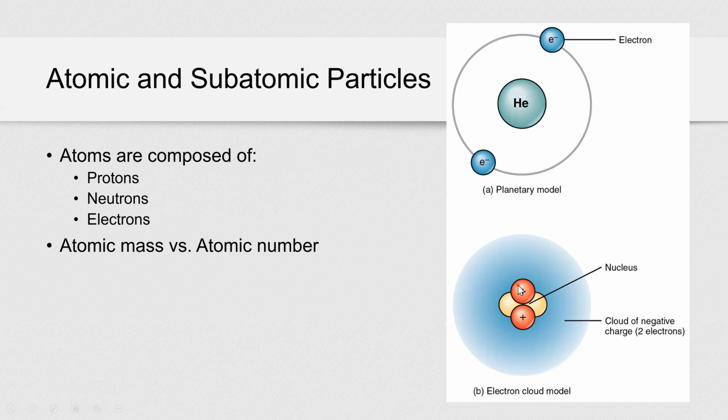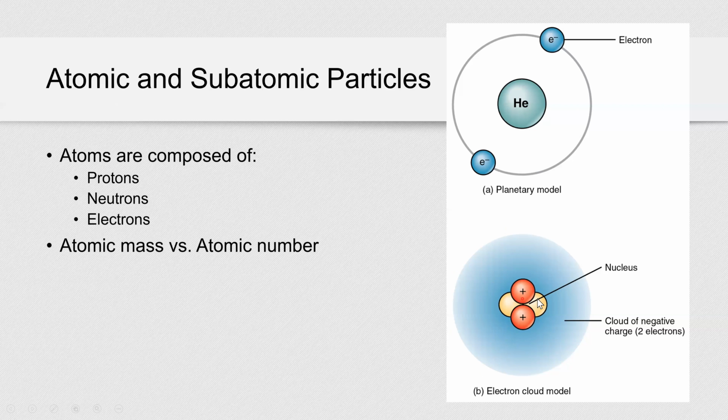And proportions here are not correct because the nucleus is really small compared with the distance from the nucleus to electrons. So if you imagine a football field and you put, I don't know, like a pea in the middle of the football field, then all this electron cloud, I would say, would be like a football field, and a little pea in the middle of the field would be the nucleus.